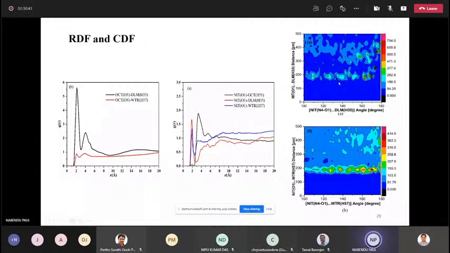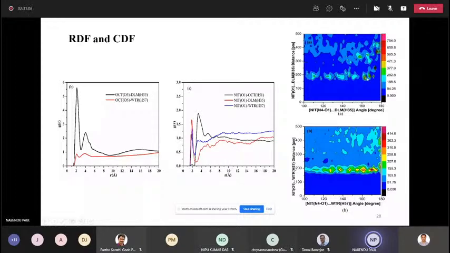So here is the CDF, the combined distribution function plots, and here it is Nitenpyram with DL menthol. So let's see, Nitenpyram DL menthol is coming at around 2 angstrom. So here also we are getting some interaction at 2 angstrom, and it is having 160 to 180 angular distribution.